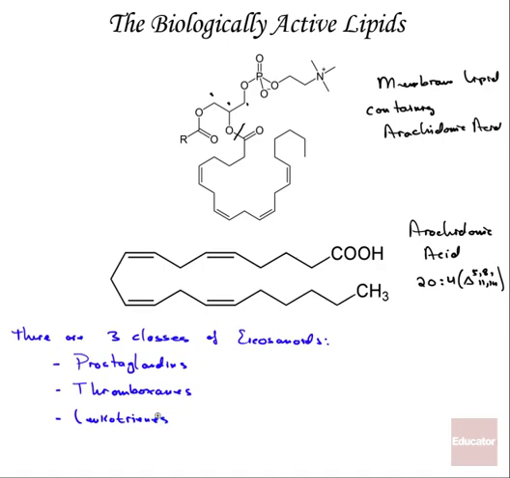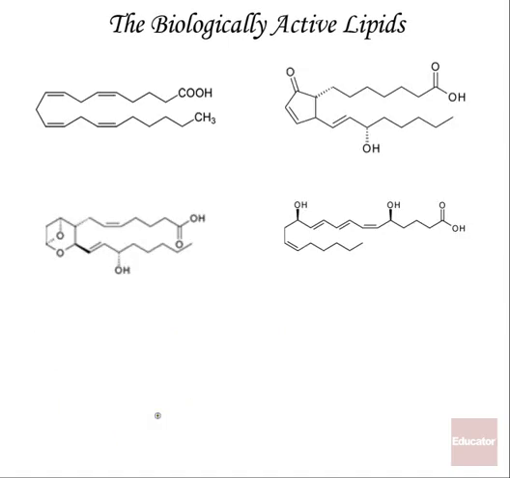Okay, so let's take a look at some of these and see what we can do. And we'll talk a little bit about each one. So prostaglandins, thromboxanes, and leukotrienes, all of them are eicosanoids. They serve different purposes. So let's see what we've got.